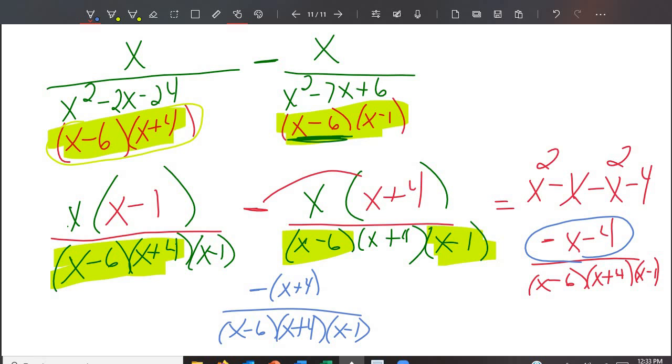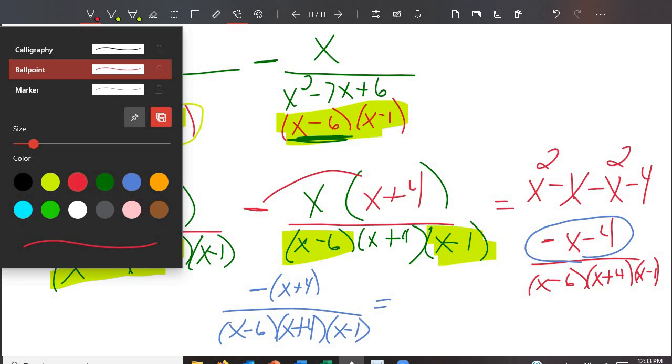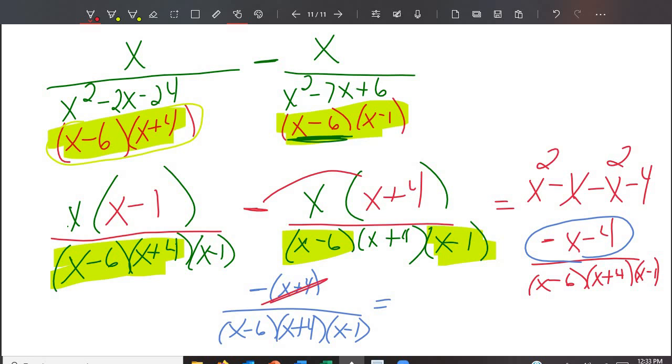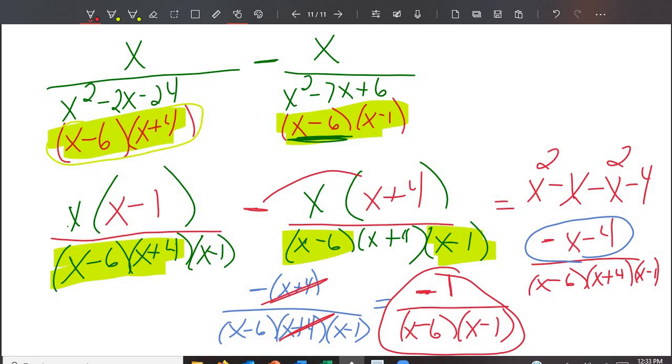Just like when we were simplifying these expressions, factoring and crossing things out, once we get through adding and everything, we want to try to factor, and if we can, we want to cross things out. Notice I can cross that out. I'm left with a negative 1 over x minus 6, x minus 1. Some of these do take a little while to work. They can get kind of tricky. You've got to be careful.